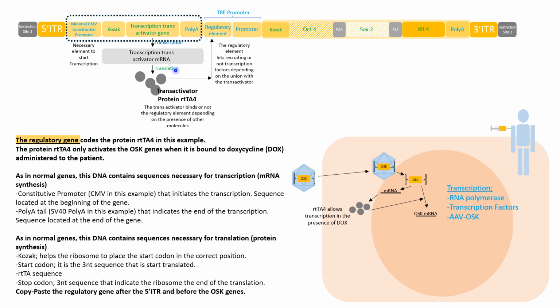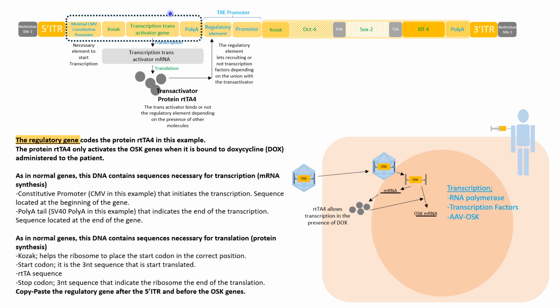Let's summarize this. As in the majority of cases, the design of these genes is as follows. We have information necessary for transcription, the production of mRNA, which is the promoter and the poly-A. The promoter indicates the initiation of the transcription, the poly-A the ending of the transcription.